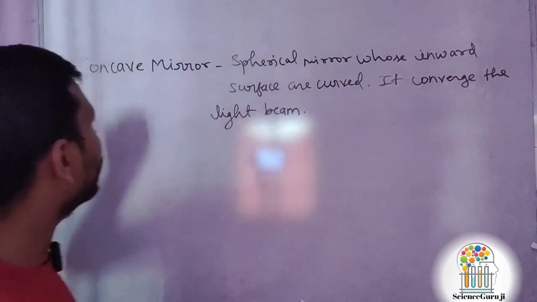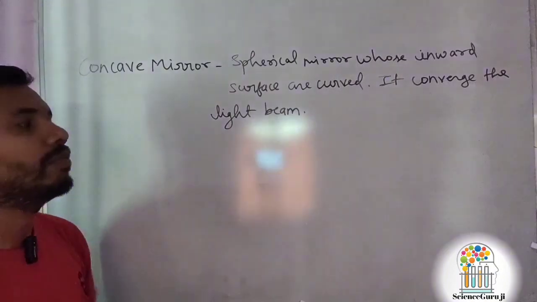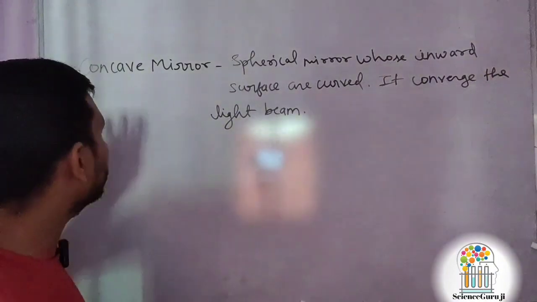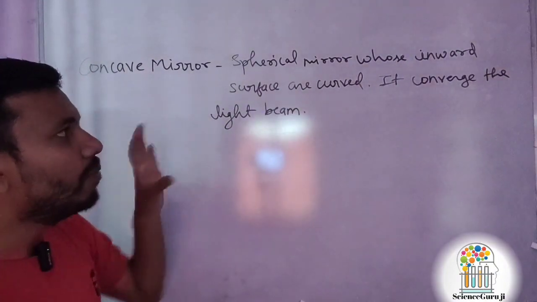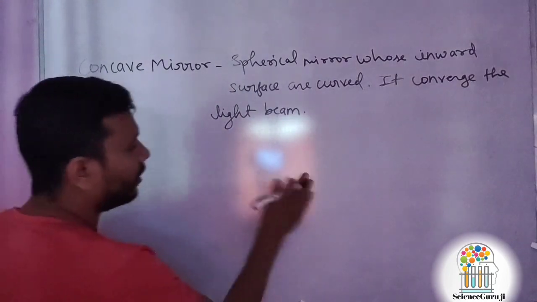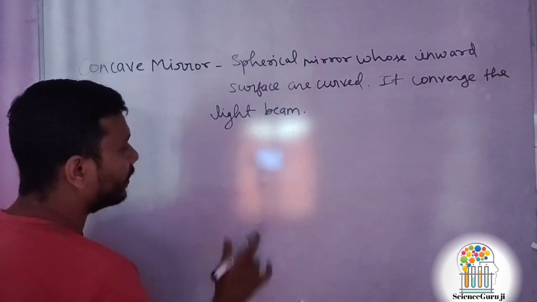That's why it is also known as a convergent mirror. So this is our proper definition of the concave mirror. Let's draw the structure for better understanding.